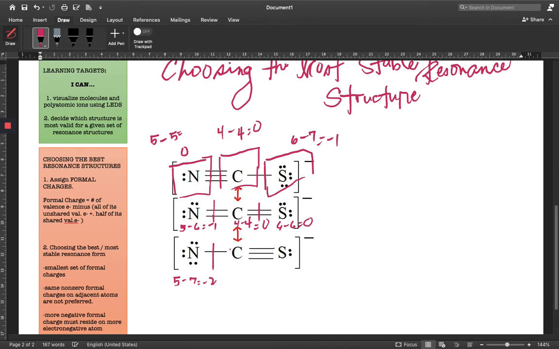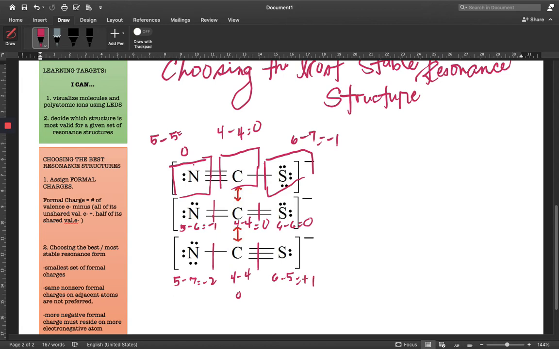And then this carbon has 4 minus 4, you have 0. And then this sulfur has 1, 2, 3, 4, 5. Originally sulfur has 6, then minus 5. So that is equal to positive 1, right?